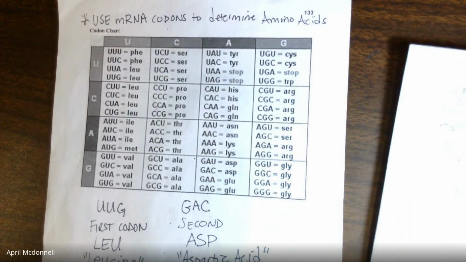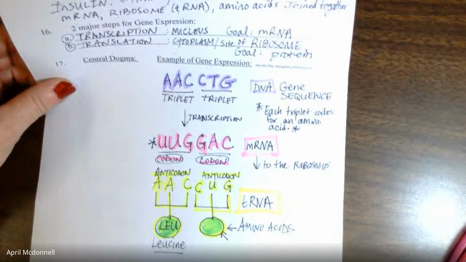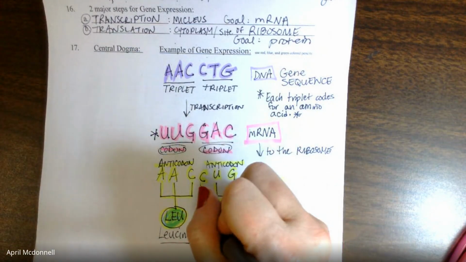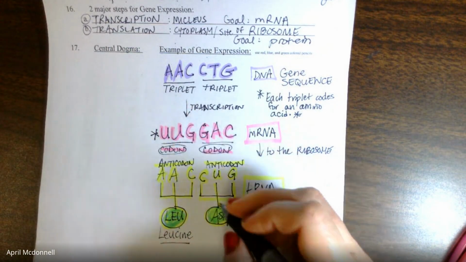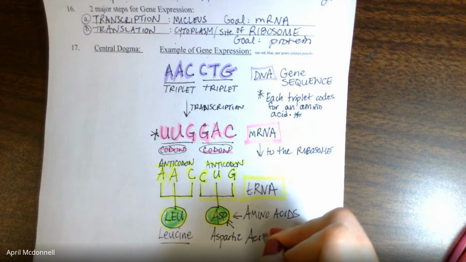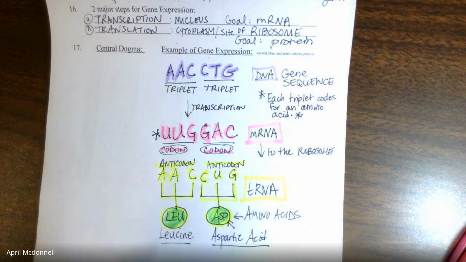So I'm going to go back to my original page with my notes and add aspartic acid as the second amino acid. Now I have determined both of the names of the amino acids in my protein.